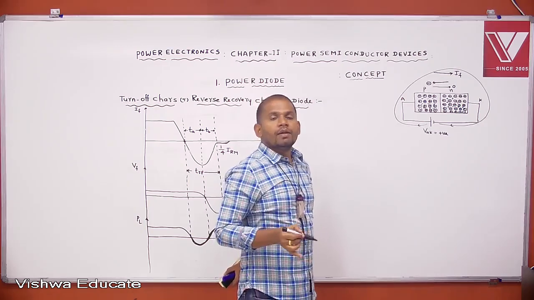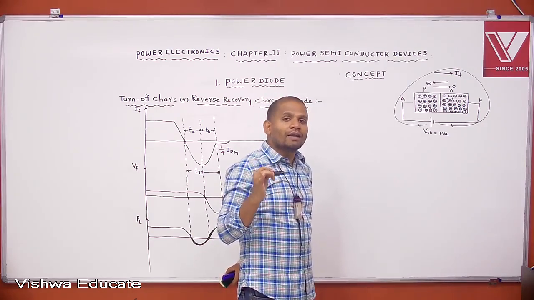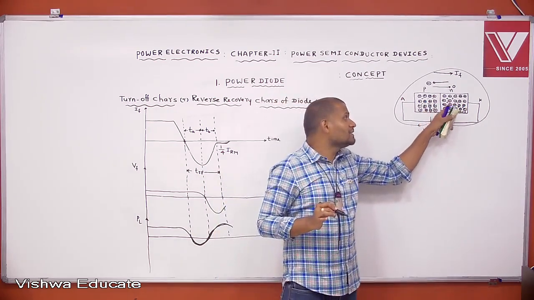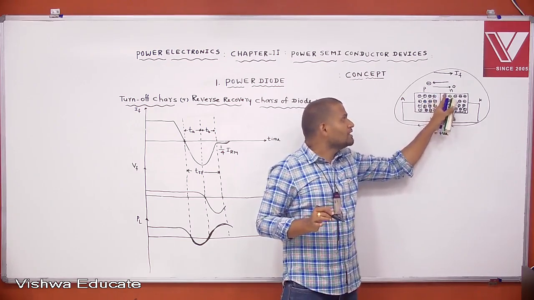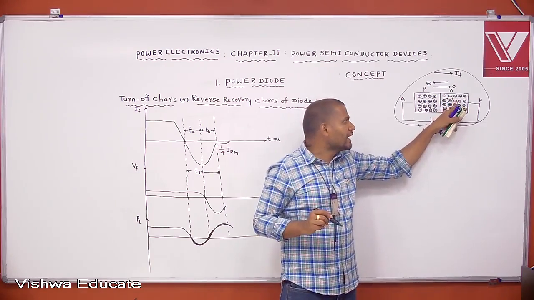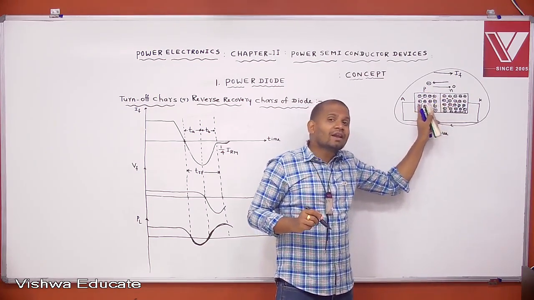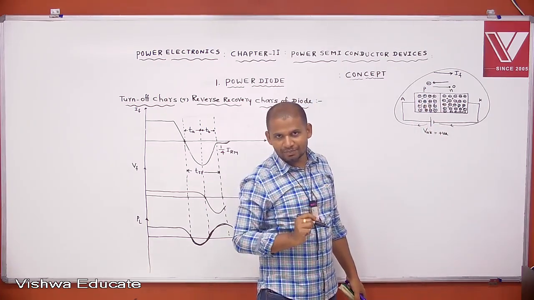Understood? That means if the diode is under forward bias condition, which carriers are crossing the junction? You tell me. This positive charge is crossing the junction. This negative charge is crossing the junction. That means majority carriers are crossing the junction.